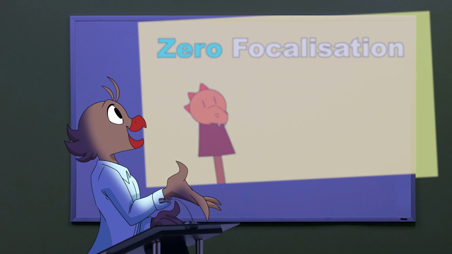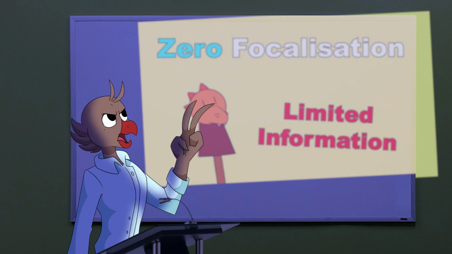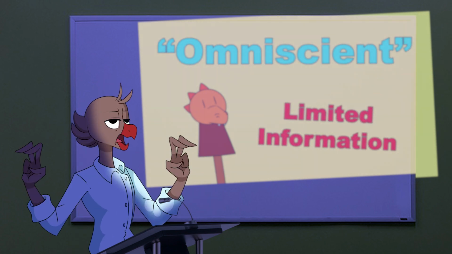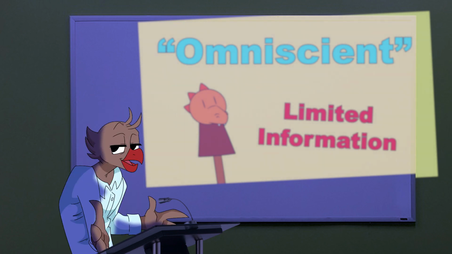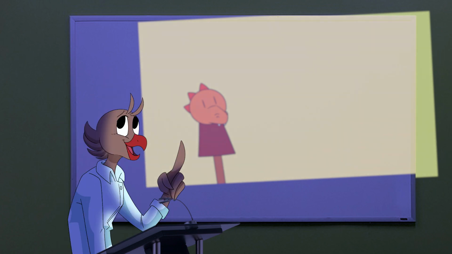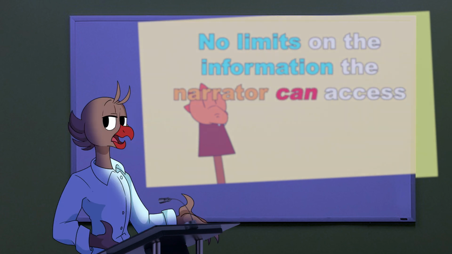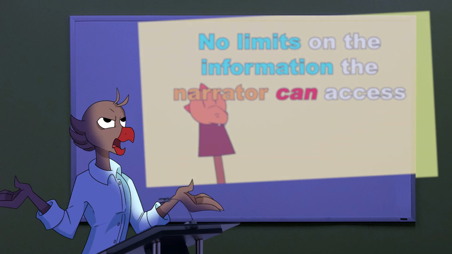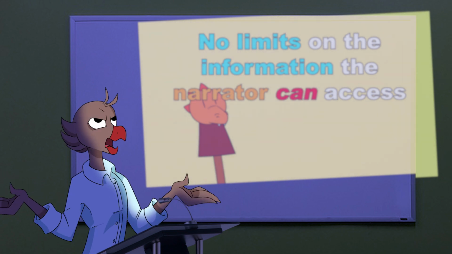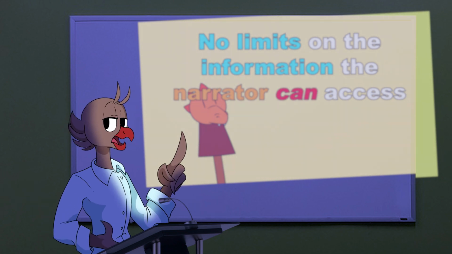The reader can still have limited information, which is why calling this type of narrator omniscient can trip people up sometimes, but the key component of zero focalization is that there are no limitations to what information the narrator can access. Even if the narrator doesn't tell the reader absolutely everything, there's still an understanding that the narrator could tell the reader anything.